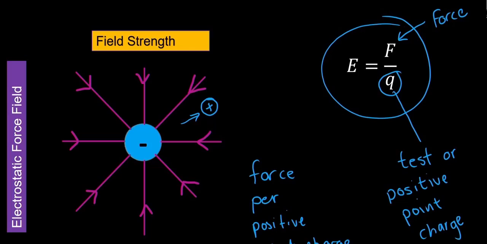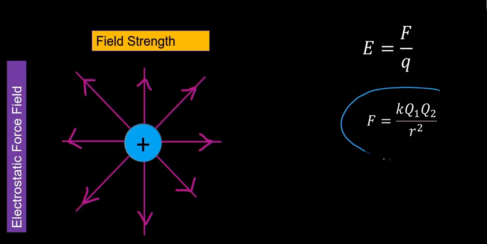So there we go, there's our formula. E stands for the electrostatic field strength. And how do we measure that? We measure that by looking at the force that is exerted on a positive point charge, or per positive point charge. So that is how we're going to look at the field strength.